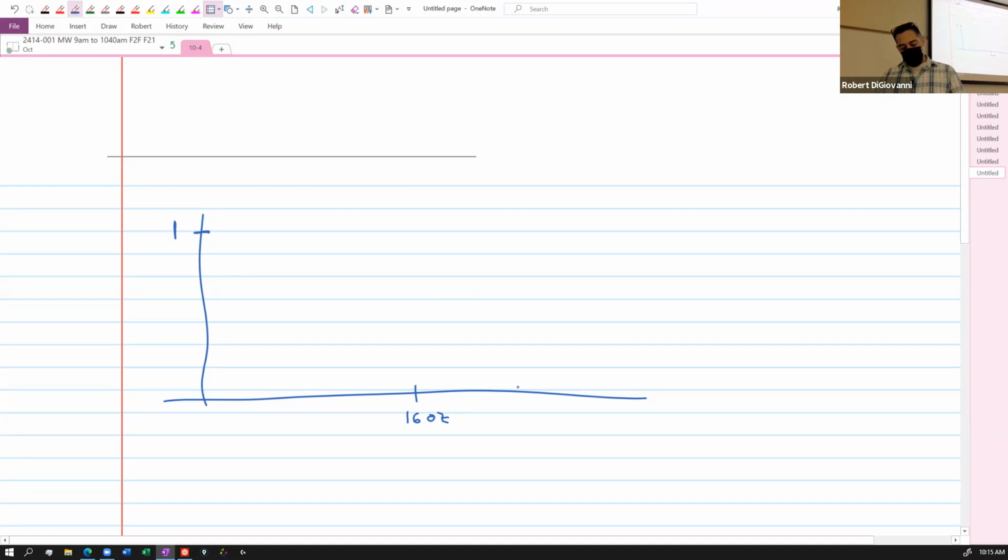Now let's say here's 17 ounces, and let's say this is 15 ounces. It can take on all these values in between, can't it? It's not like the die where it's 1, 2, 3, 4, 5, 6. It's not like the coin, heads or tails. It can have any value in between. That is called a continuous random variable.